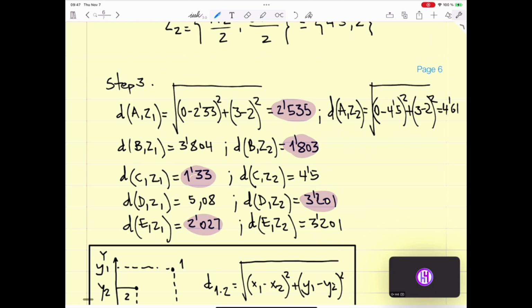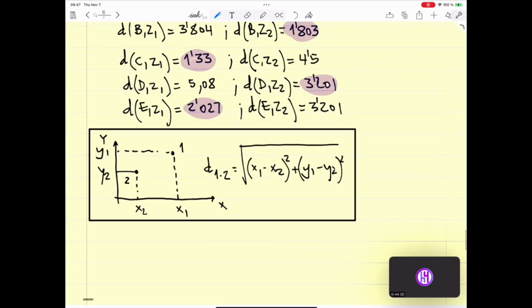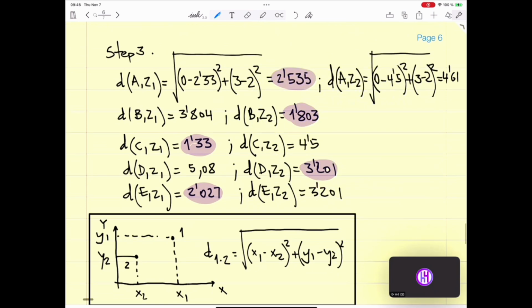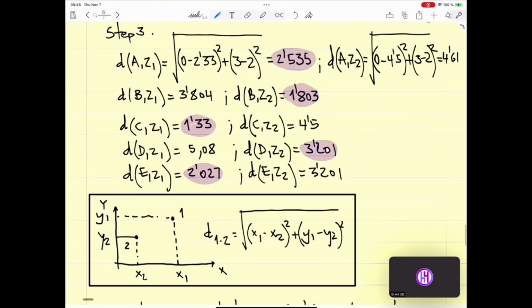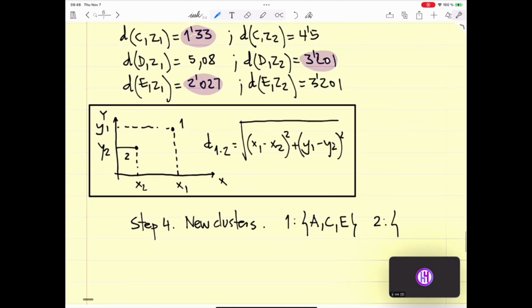Step 4. The new clusters are: group 1 is going to be A, C, and E. Group 2 is going to be B and D. Okay?